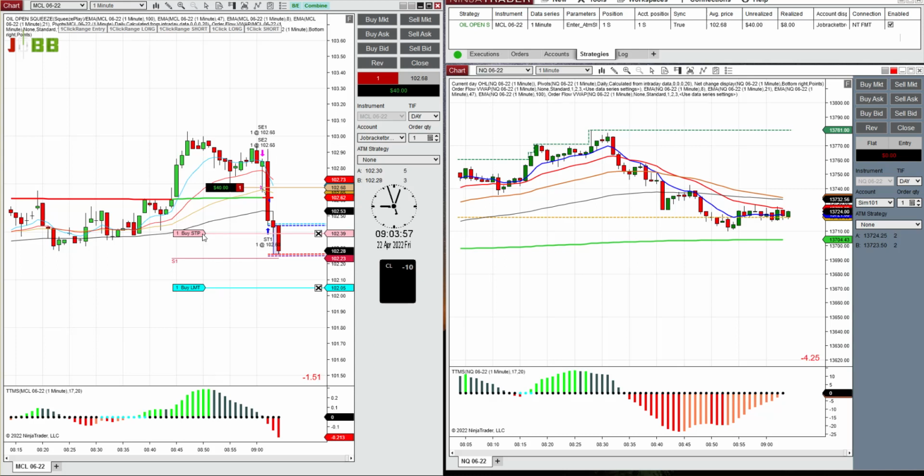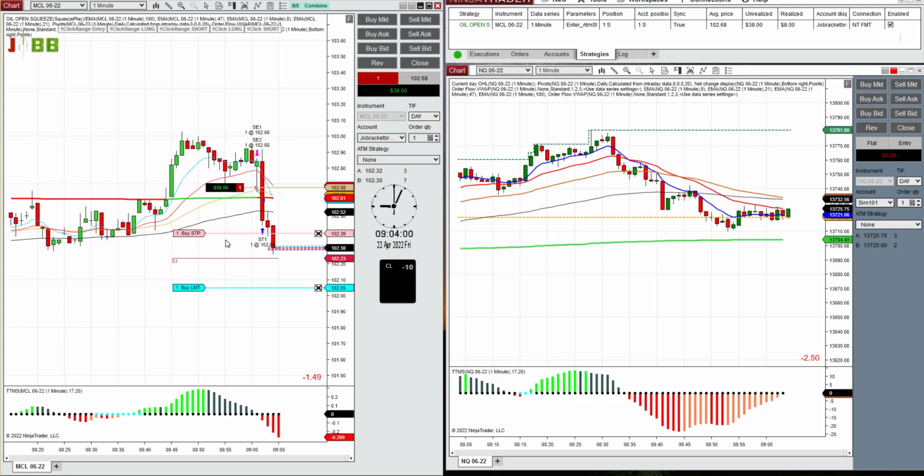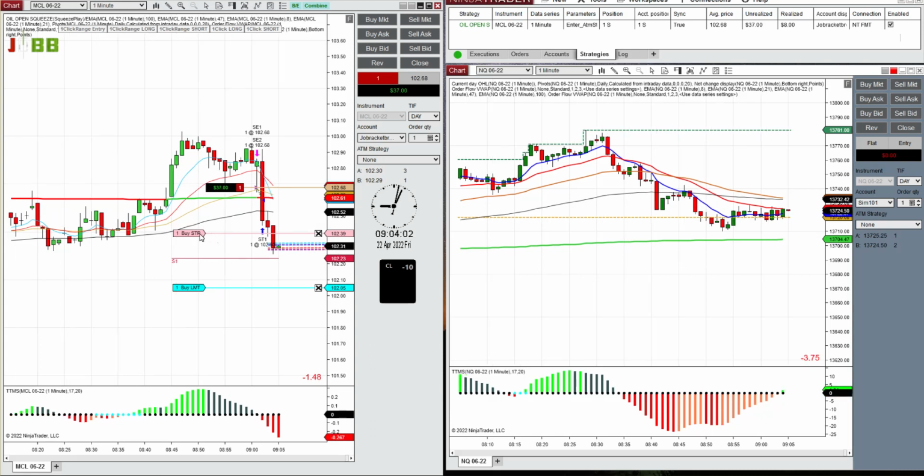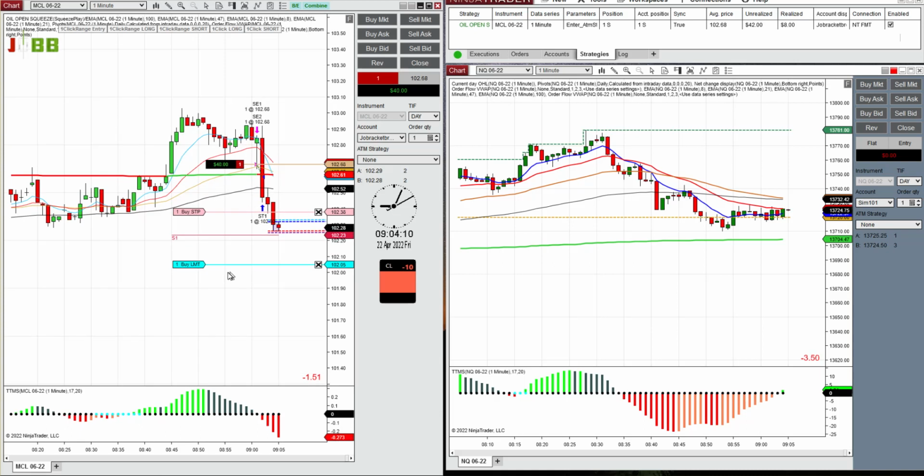I'm trailing. I'm still in the trade. I'm up about 30 bucks maybe. It feels like it's going to revert. No, maybe not. I've increased my target. I think I'll let it stay where it is. Let's see if it pushes down some more and I can trail a little more.